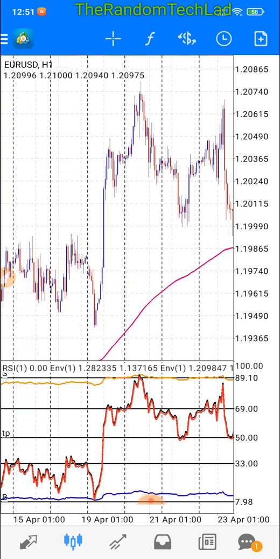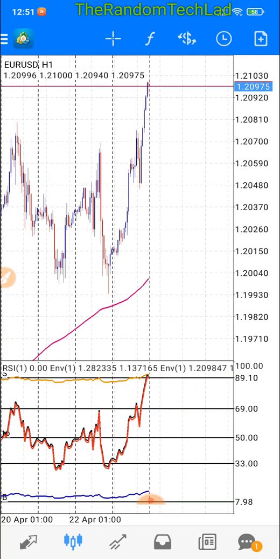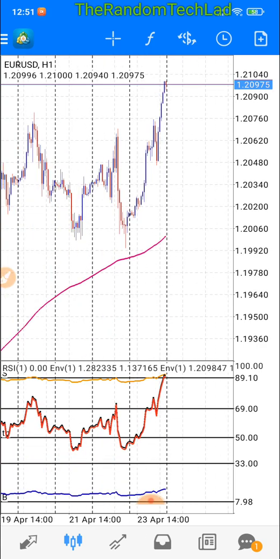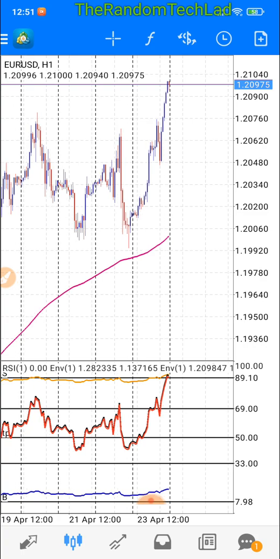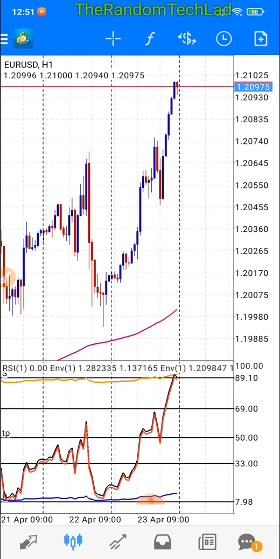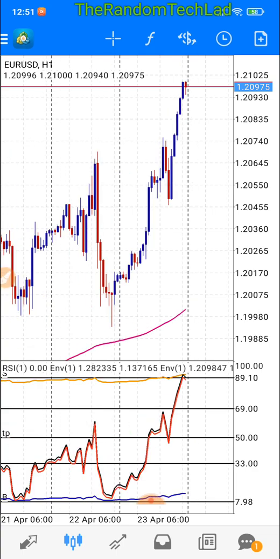And as you see, we can say that this is a resistance level. Euro USD is going to be forming a resistance level soon, because on the 1 hour time frame it shows that we can sell because it is at the level of 89.10, and the black line has touched the orange line.